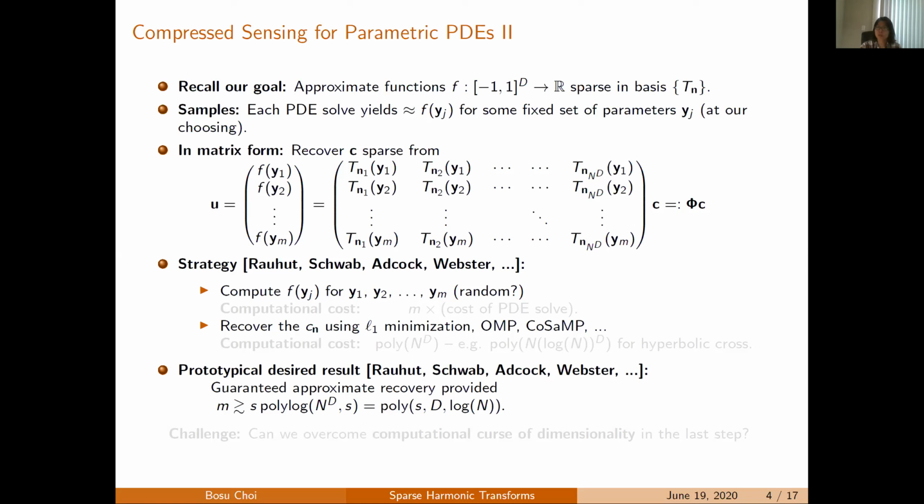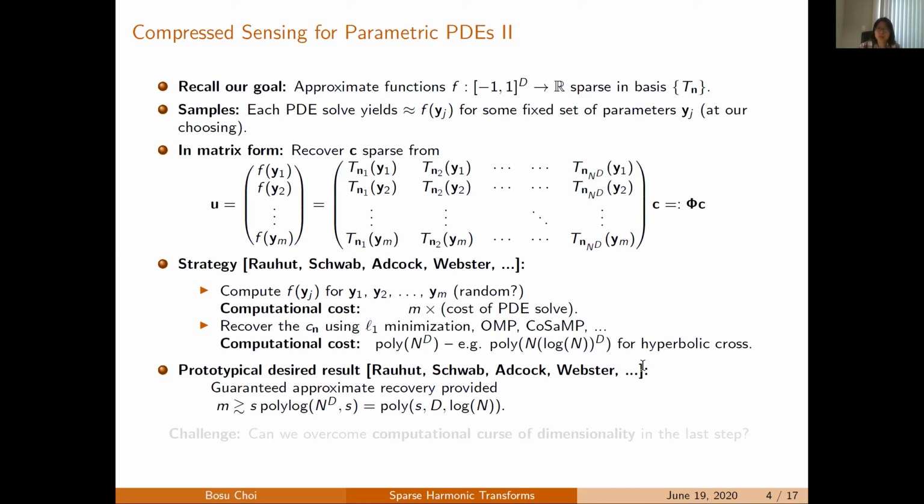But we also need to take care of the computational cost. In the first step, it takes m times the runtime of the PDE solver. In the next step, it takes polynomial in n^d. Because we are in this high-dimensional problem setting, we need to search over these n^d basis functions to find only a small number of non-zero coefficients.